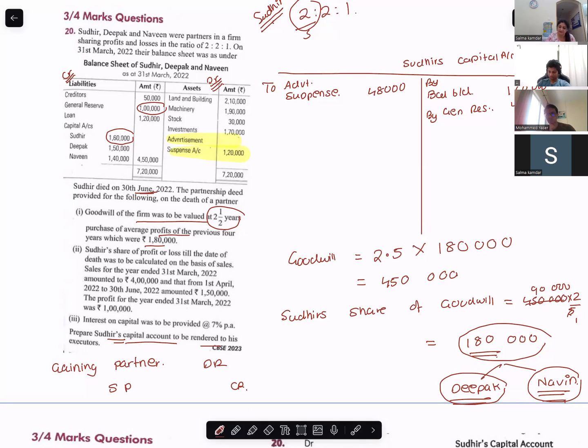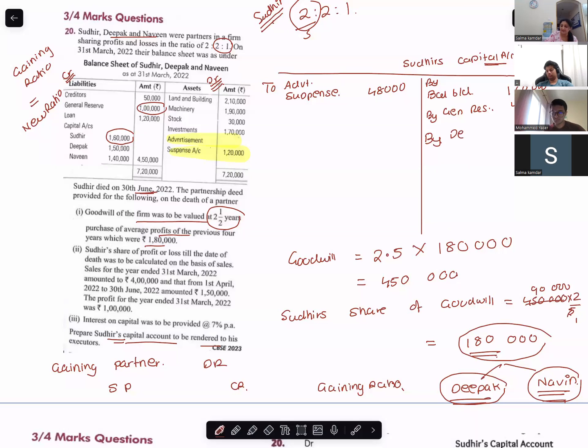Gaining ratio. What is the gaining ratio? Because no information about the new ratio is given to us, the gaining ratio will be the same as the new ratio. So the gaining ratio is 2:1. So sacrificing partner credit, gaining partner debit.